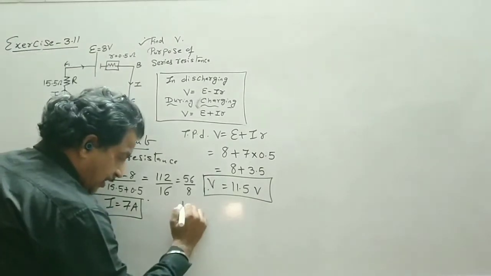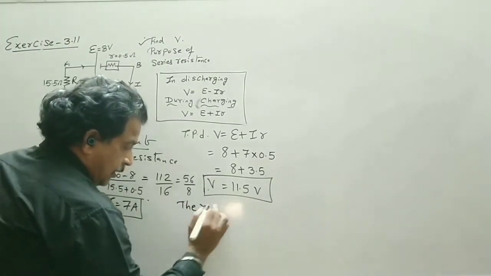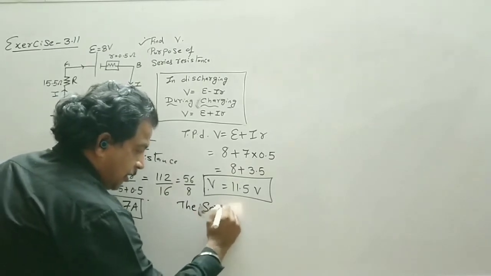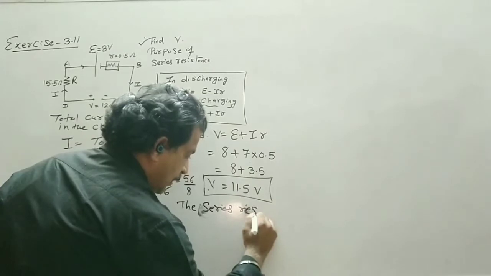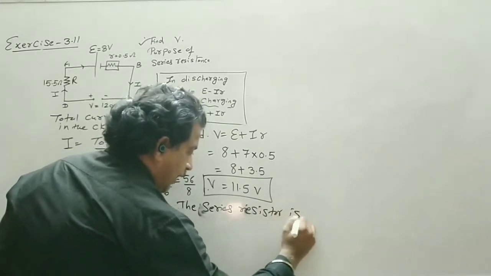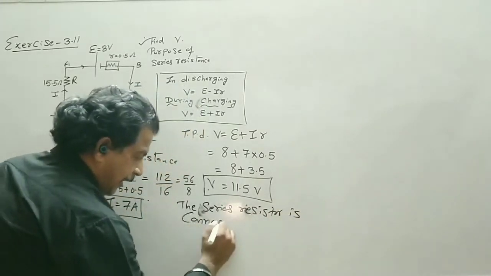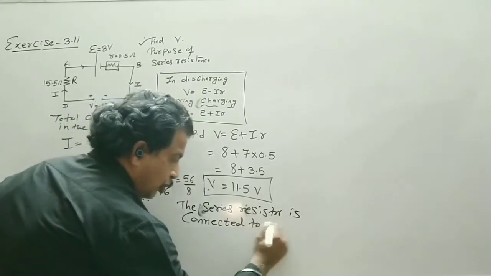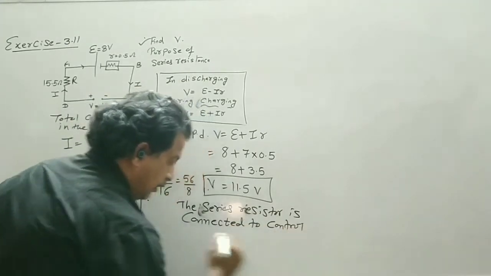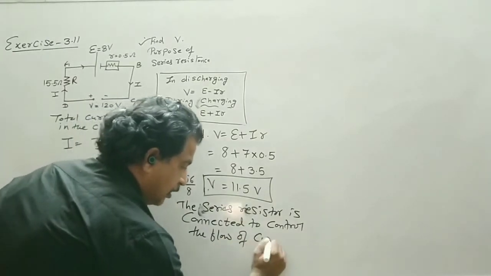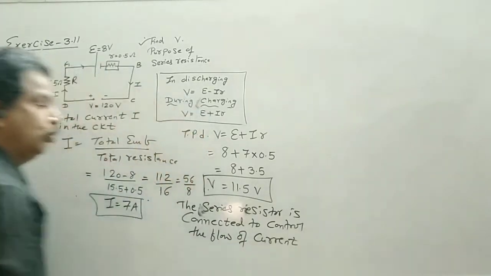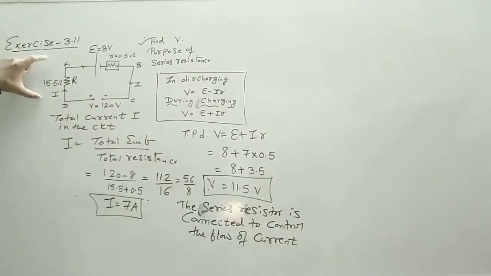So the series resistor is connected to control the flow of current. So this is the use of an external resistance. Now it should be clear why external resistance is always connected in the circuit in series.